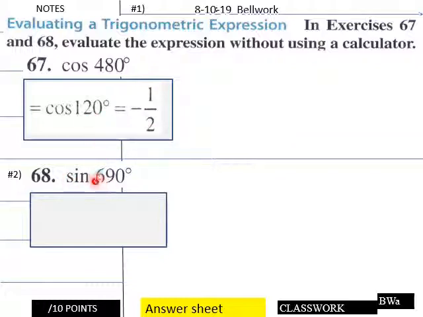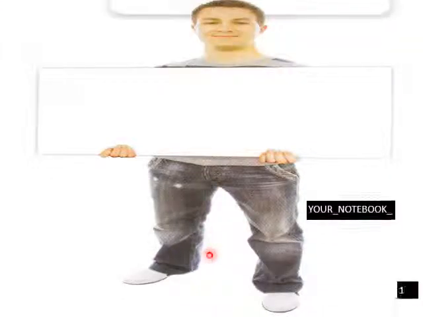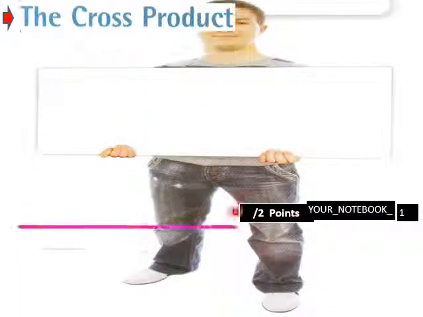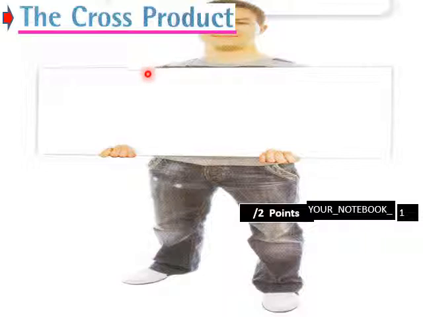And then down here for sine 690, you do the same thing. It'd be the same thing as sine 330. You subtract 2 pi radians from this and you come up with sine 330 degrees, which equals, funny enough, -1/2.